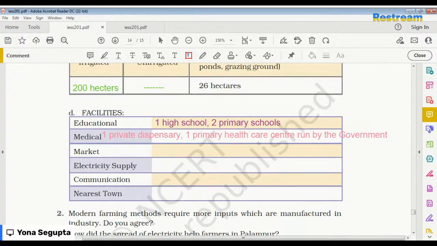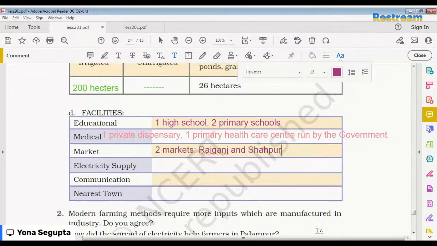The road connects to the village of Raiganj and further on to the nearest small town, Shahpur. We have learned this, right? So we get only two markets, first Raiganj and then Shahpur.